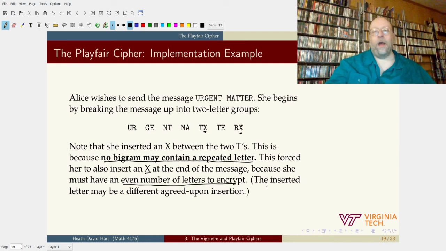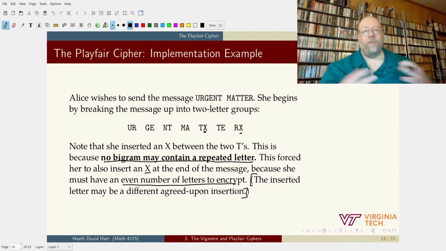Again, you do not have to use X. You can use any agreed upon insertion, but X is perfectly fine here. So those are the 2 requirements that Alice has to have in her message. No repeated letters inside a bigram. And if we end up with a single letter left over, we have to pad that at the end to get a bigram at the end.